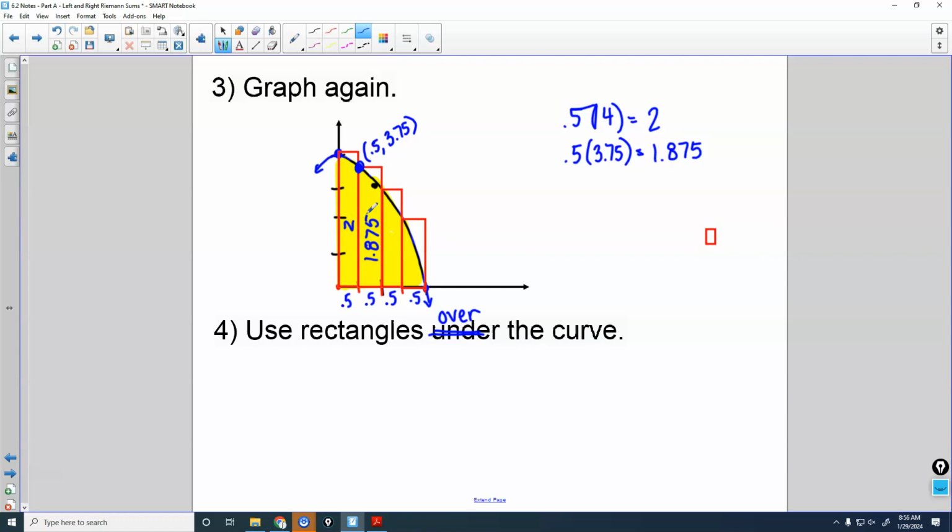All right. What's the height of the third rectangle? It is 3. Because, again, if we plugged in 1, which would be the coordinate of this point right here, we'll get 3. So we'll have 0.5 times 3. That will give us 1.5. So the area of this rectangle is 1.5. And then our last one, this time we do have a height of that last rectangle.